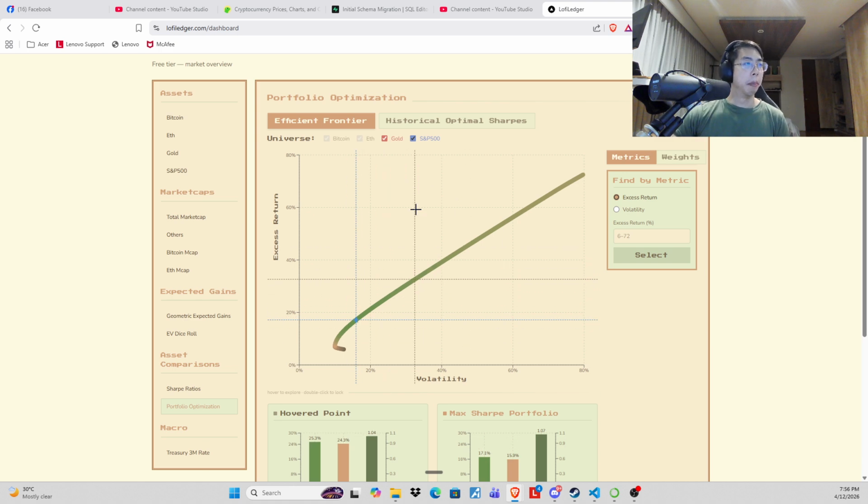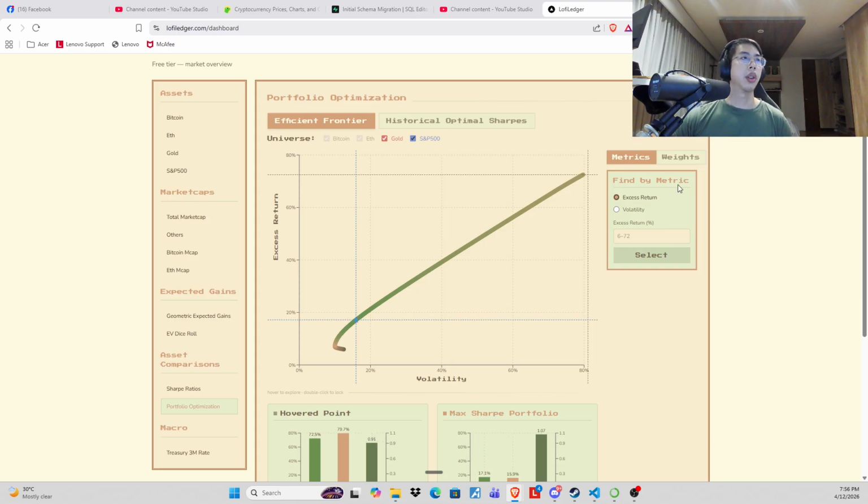But what this does is, if you select the assets you want to consider investing in, it can give you an idea of how much to put on each asset, depending on how much return or volatility you want.